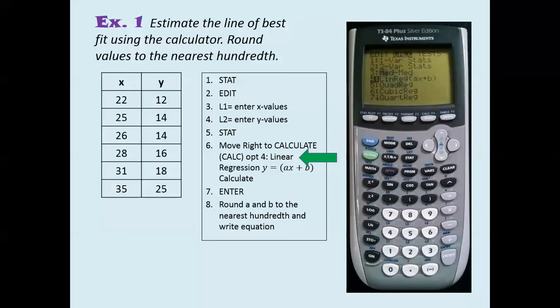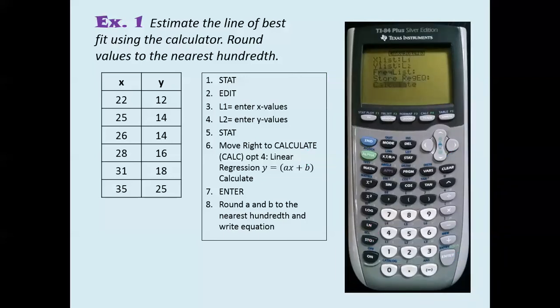That's what we're doing. We're doing something called linear regression, which is creating an equation based on a set of values. So there's 2 different ways that you can choose the option. You can see here it's option number 4, so you can either use the down arrow key to move your cursor all the way down to option 4 and press enter, or you can just press the 4 since it's option 4.